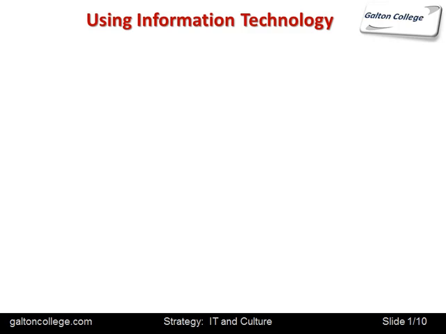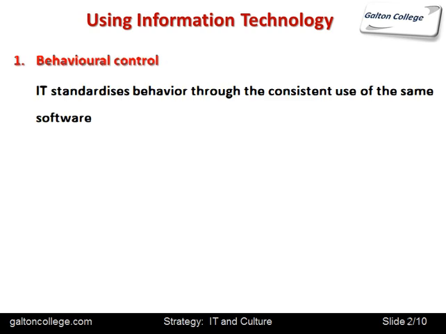In this class we're going to look at the influence of information technology on strategy and also mention the influence of culture on strategy as well. So to start, let's look at behavioral control. IT standardizes behavior through the consistent use of the same software.